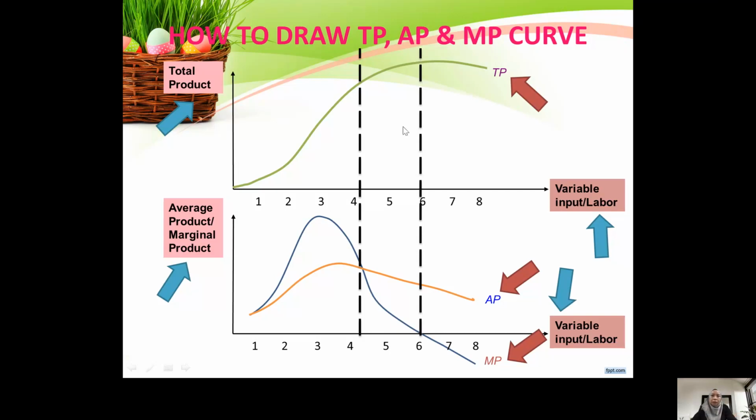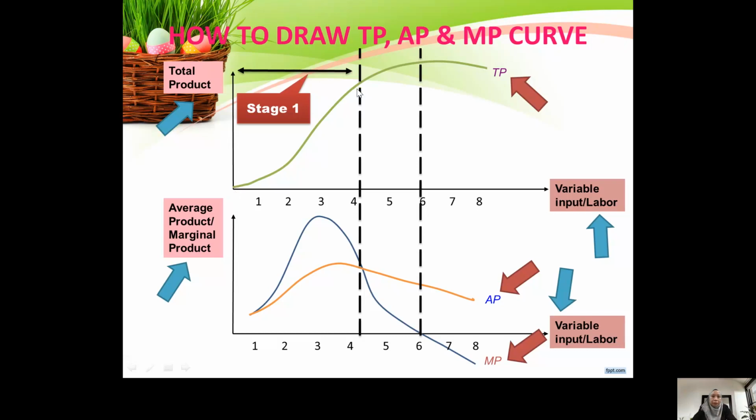Once you finish dividing the stages, we can determine stage 1. Stage 1 is here, from total product 0 till here.